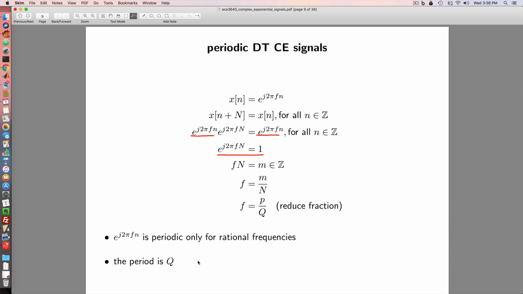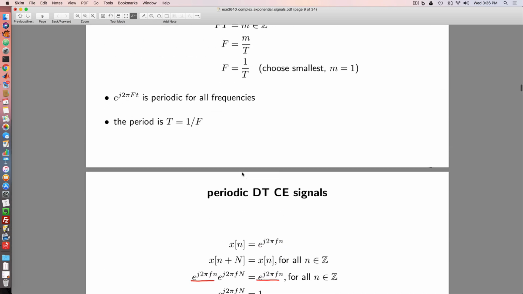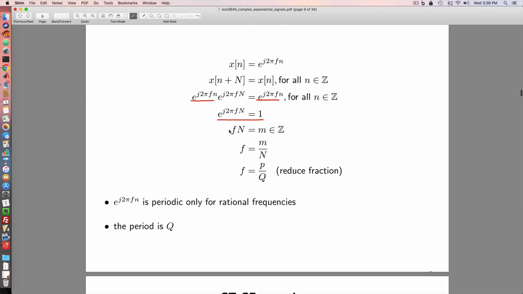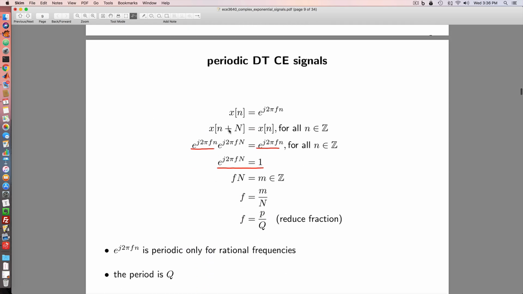The reason this is the case is because in discrete time, the period must be an integer. This capital N value, or q, must be an integer, whereas in continuous time, the period T can be any real number. So there's the first difference. Let's take a look at a few examples.